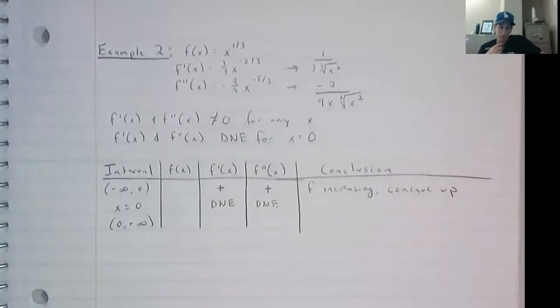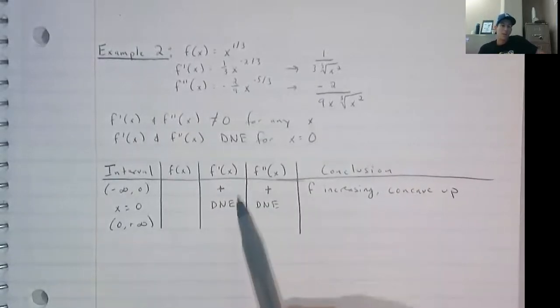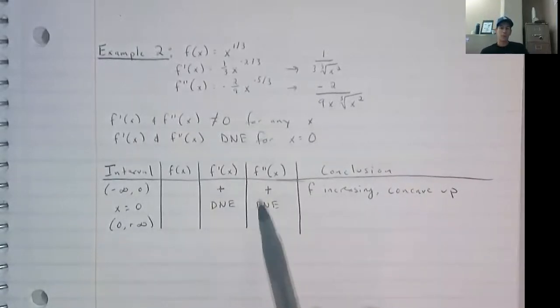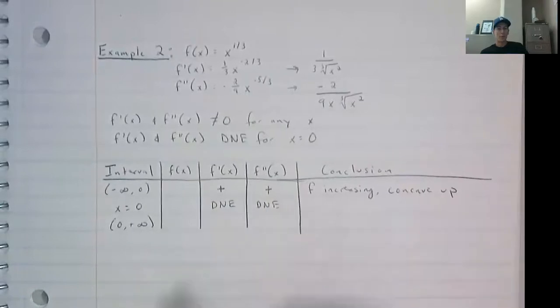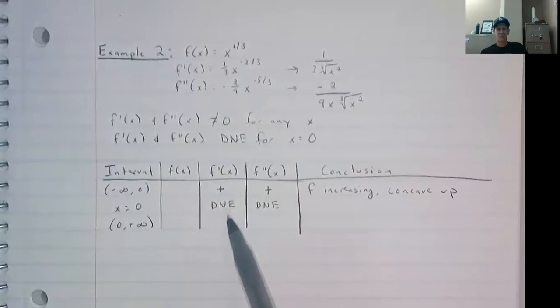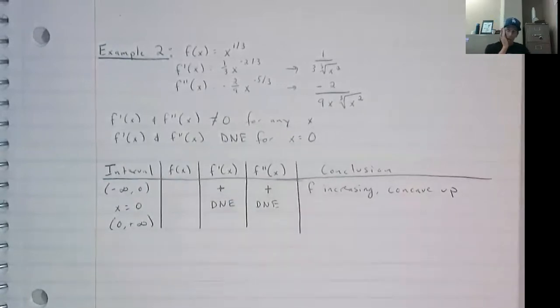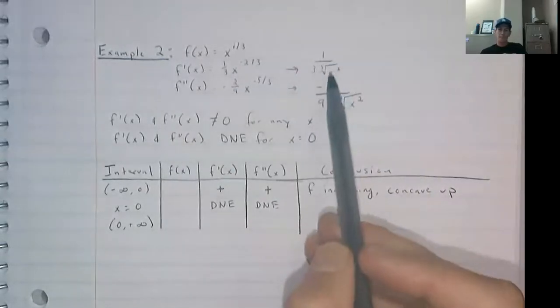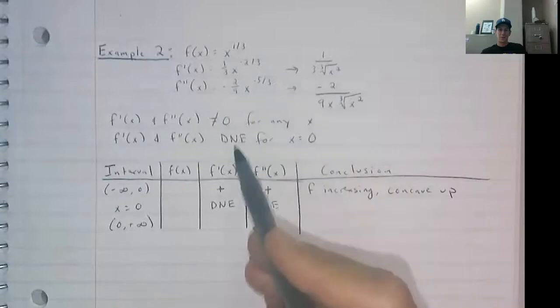At 0, we know that both these things do not exist, which could mean a couple things. It could mean we've got a relative extremum. It could mean we've also got a point of inflection, or it could mean we've got neither of those things. It's all going to hinge on what happens after this for both the first and second derivative. So when we have a positive x, well, we get the same result with our first derivative.